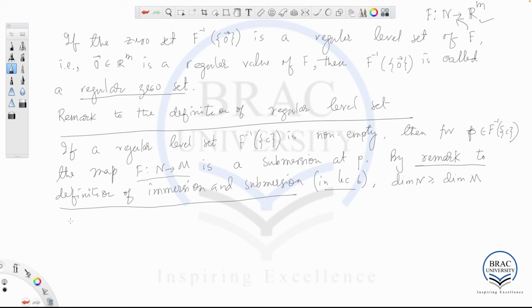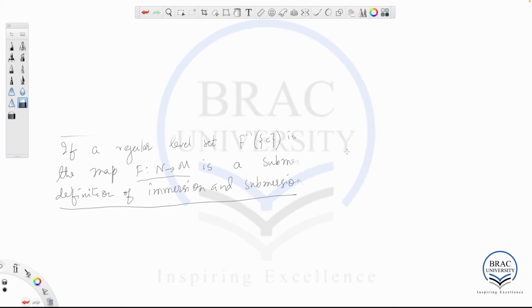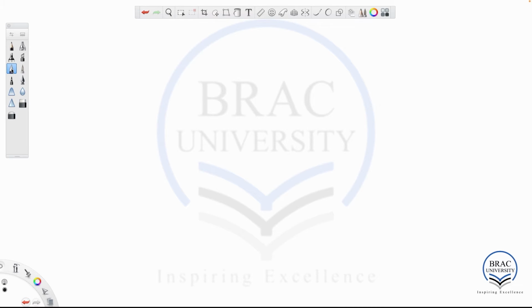Now, an important example where we will see that the two-dimensional sphere S2 is a regular submanifold of the three-dimensional Euclidean space R to the 3. Let me erase everything and begin this example. Example 2, S2 in R3.